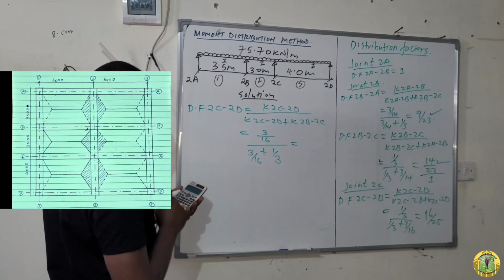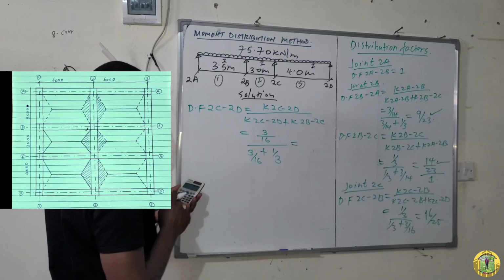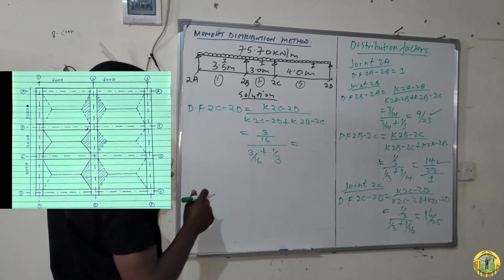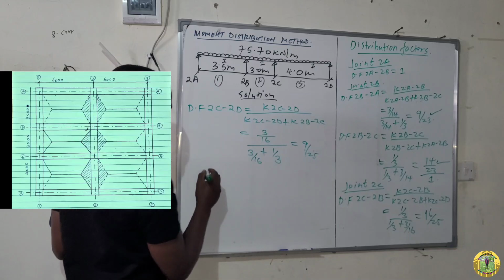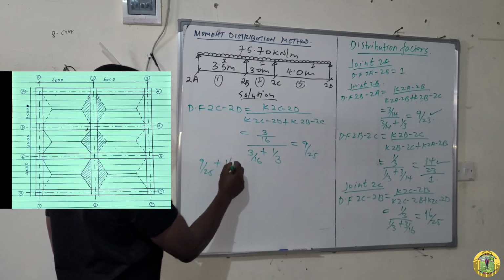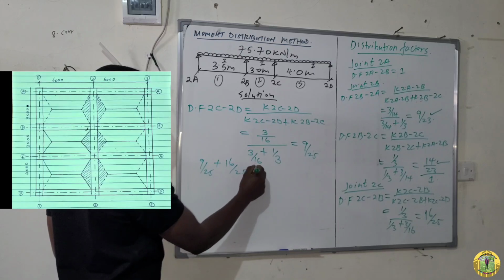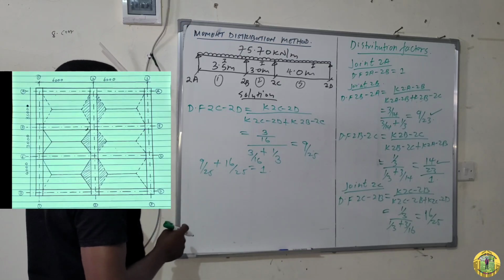So this is 9 over 25. Again, 9 over 25 plus 16 over 25 is supposed to give you 1. That is the total distribution at the joint.